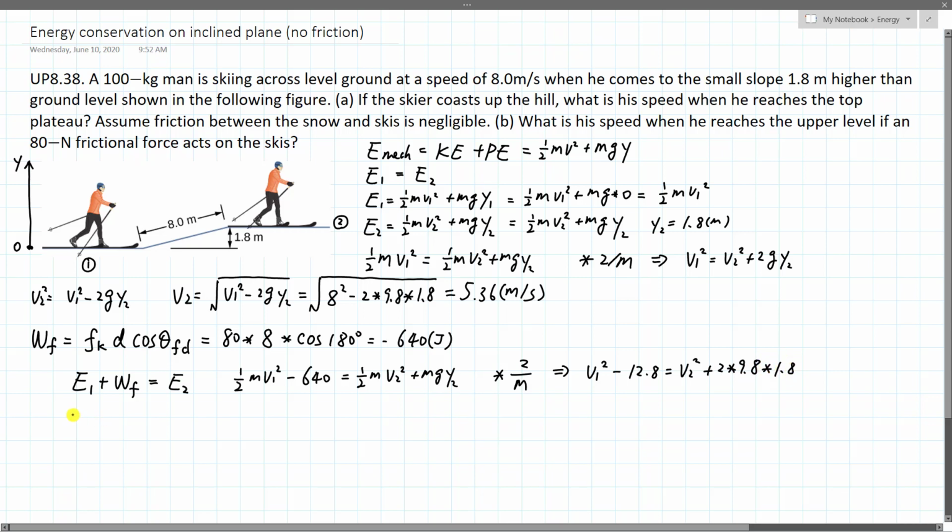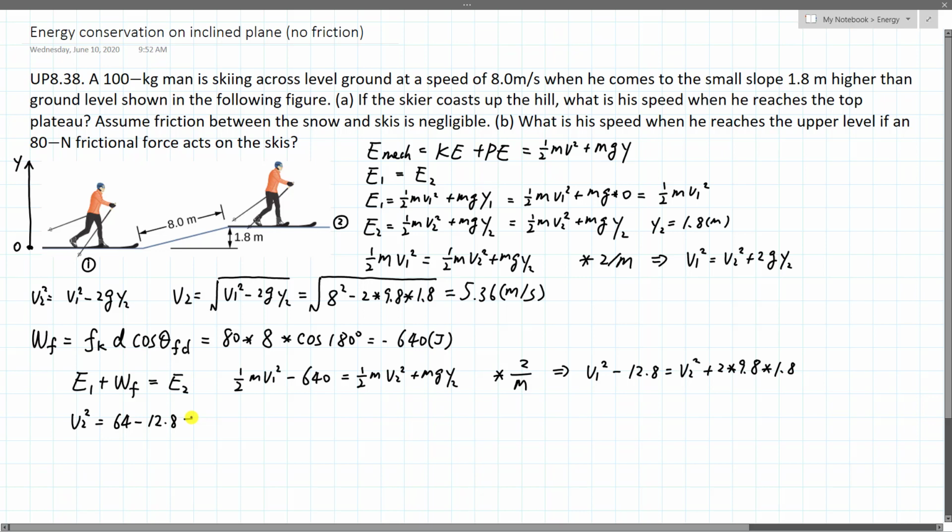So our v2 squared is equal to, the left side is this v1 squared is 64 minus 12.8, then also minus this whole thing, minus 2 times 9.8 times 1.8.